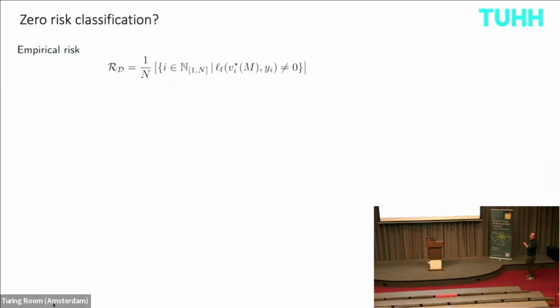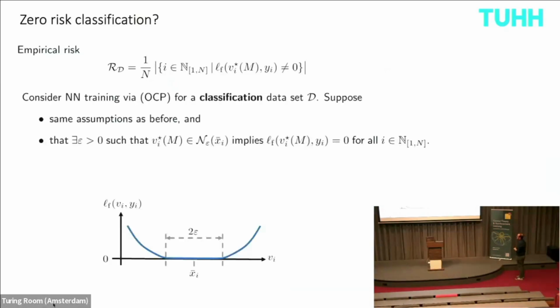So let's go back to empirical risk. I have to speed up and check the empirical risk. Now, if my loss function is such that I have to steer each data point just close to one of the minimizers, let's say epsilon close, and I can classify correctly, then well, that's perfect, because I can give you a bound for finitely many layers to be in such an epsilon tube.